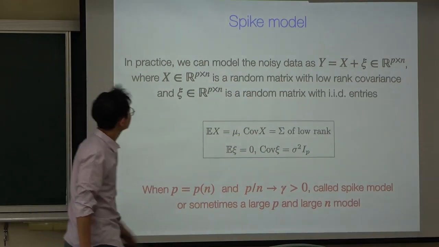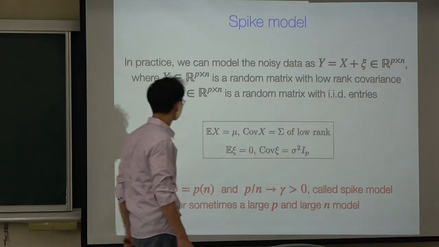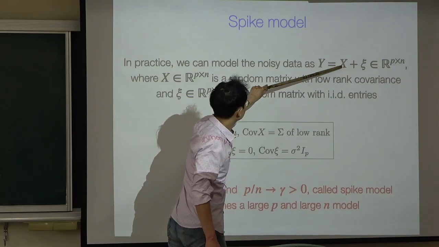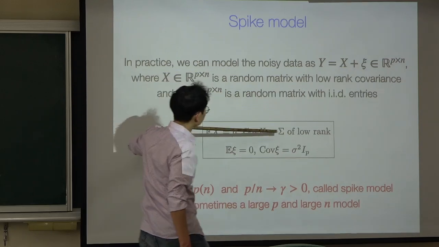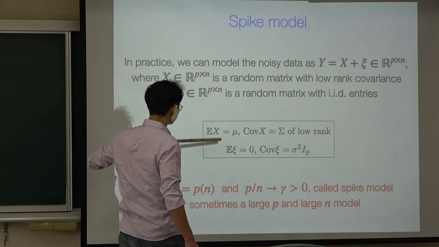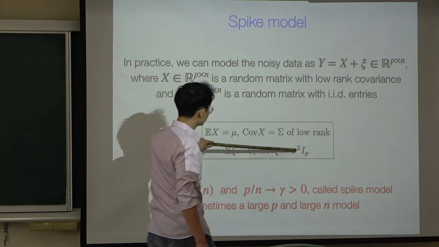We assume x and c are independent, and we have all these conditions. The expectation of x is mu, and the covariance sigma is of low rank. But c is the noise, which has mean 0 and covariance sigma squared I_p.